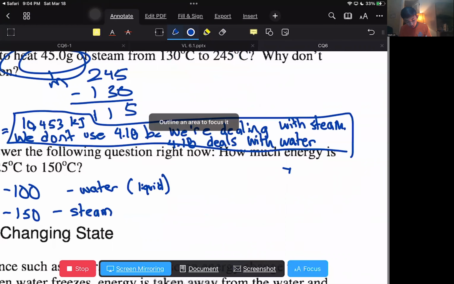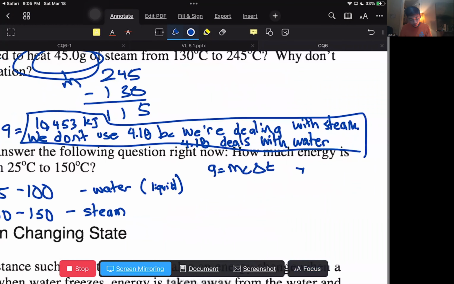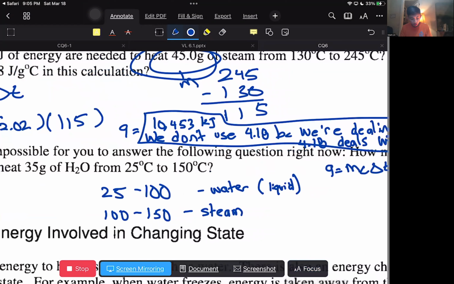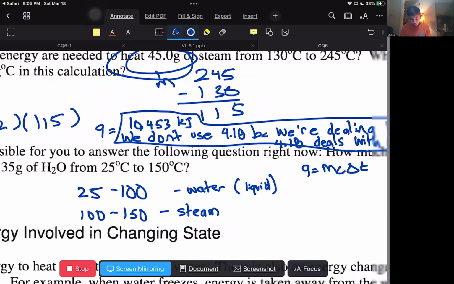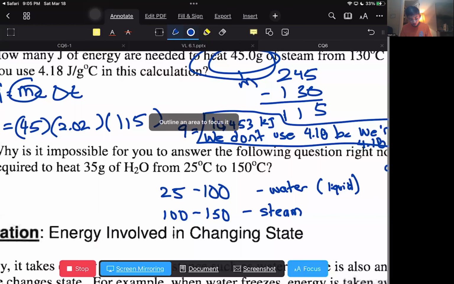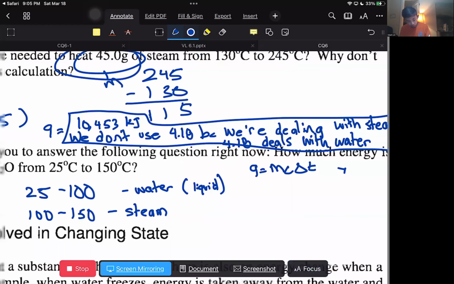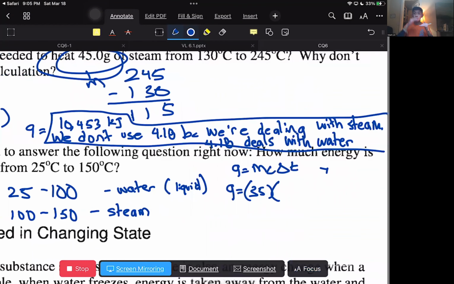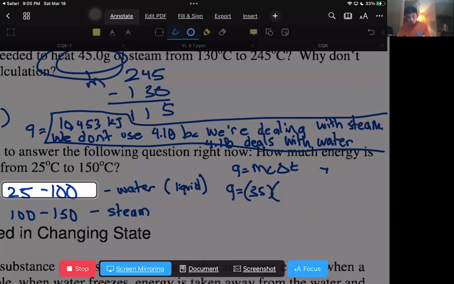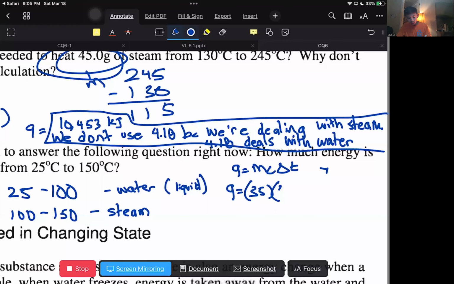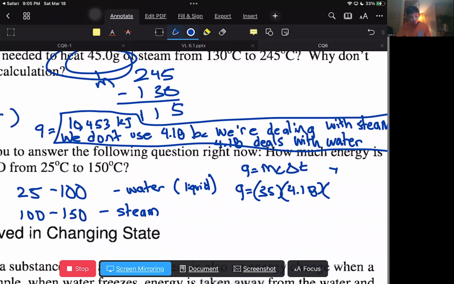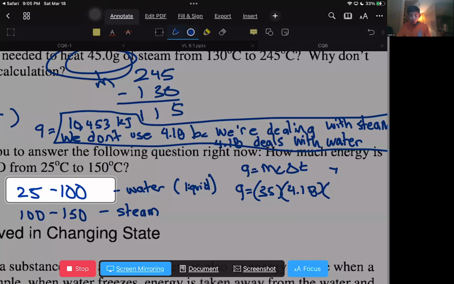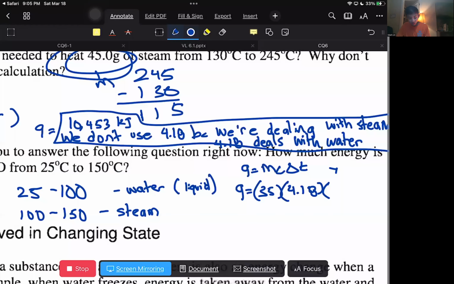We have Q equals MC delta T. Our M is 35 grams. Our C is for water, because remember we're still in that 0 to 100 range, so it's still 4.18. Temperature change is from 25 to 100, so 100 minus 25 is 75 degrees Celsius.